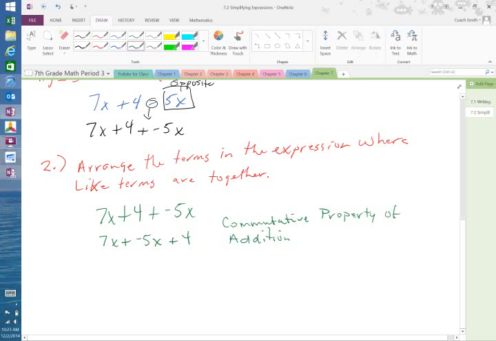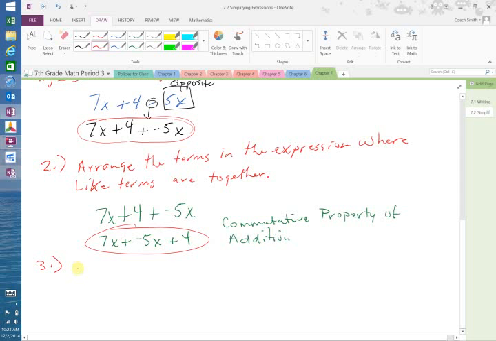Commutative property of addition says that we can take terms, rearrange them, and everything's okay. That's step 2. So that's what we did for step 1. Here's what we did for step 2.